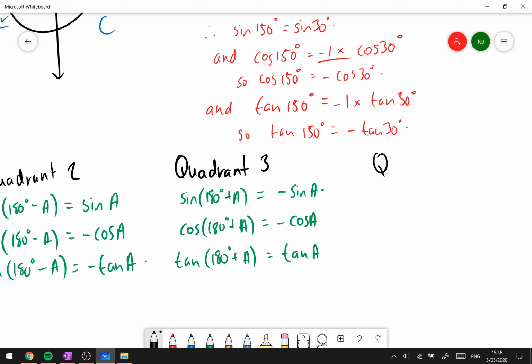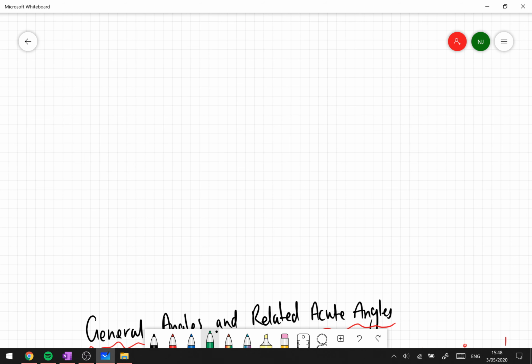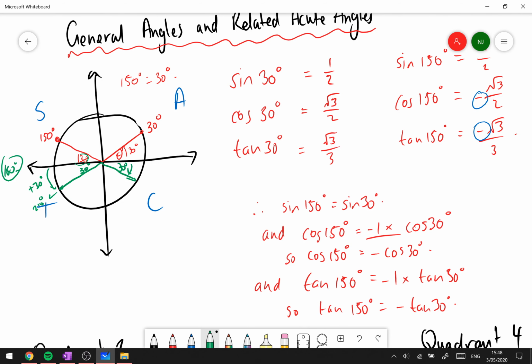Now, quadrant 4, our last quadrant, doing the same thing. This time it's going to be sine of 360 degrees minus our angle, because if I was to draw my 30 degrees in, it comes from this one down here, and I'm subtracting it. So remember, if I'm going forward, so if I'm going anti-clockwise, I'm adding.